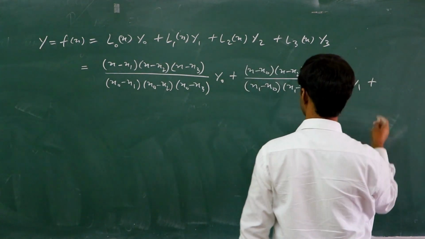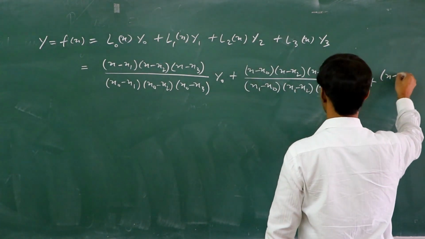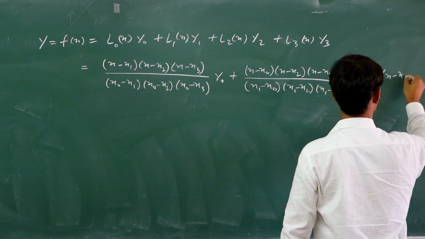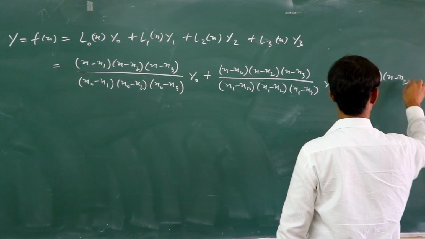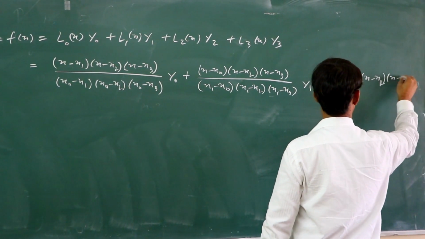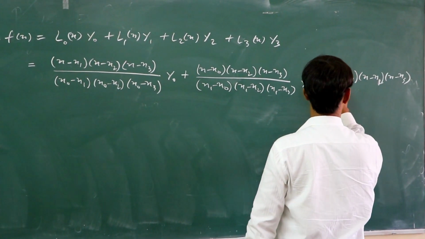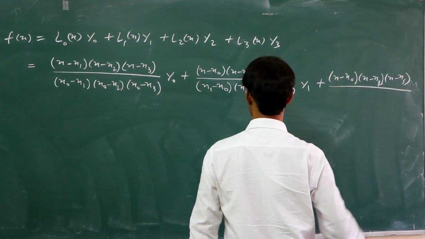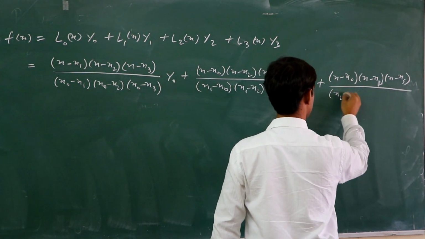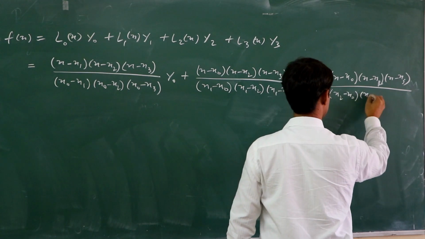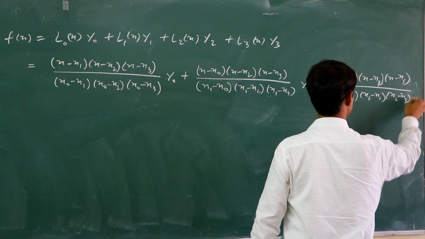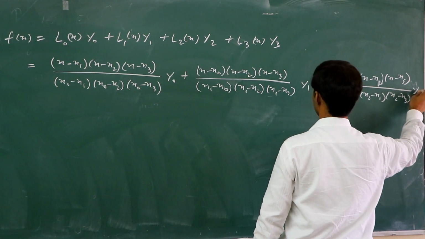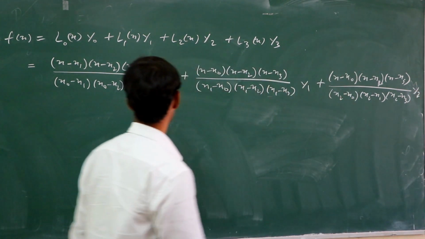Plus the third term is x minus x0, x minus x1, x minus x3 divided by x2 minus x0, x2 minus x1, x2 minus x3 into y2.